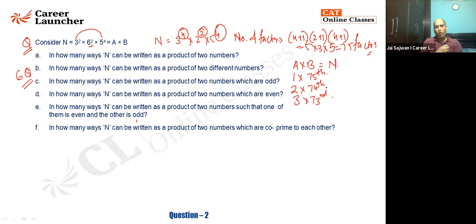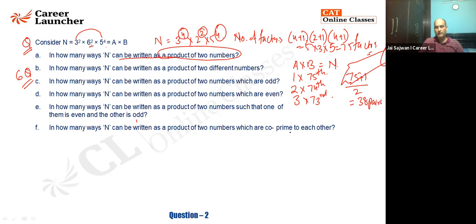So if I talk about the order, it is going to be 75 such factors, but it is clearly written where N can be written as a product of any two numbers. Should I say out of 75, I will add 1 and divide by 2? I'll say 38 pairs can be formed.